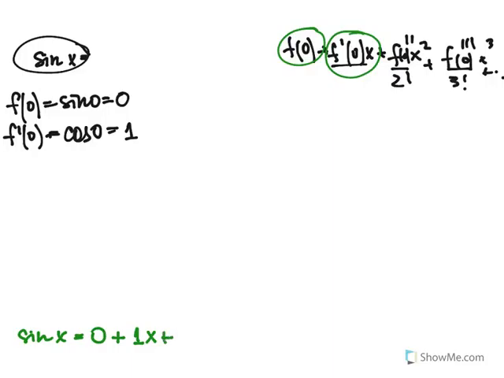Now let's find the second derivative. So the derivative of cosine is negative sine, but then you replace it with 0, and you get 0. So that means it's 0 times x squared over 2 factorial. Next.